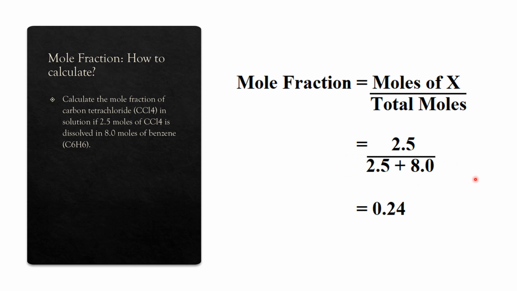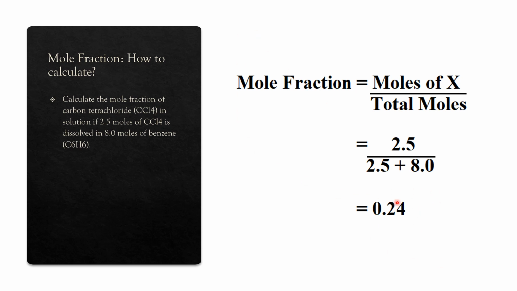The total mole of our solution is equal to the moles of our solvent plus the moles of our solute. So the mole of our solute is 2.5, and we are going to add that with the moles of our solvent, benzene, that is equal to 8. So we divide 2.5 by 2.5 plus 8, and we are going to get this answer. This is the mole fraction of our carbon tetrachloride in this particular example.